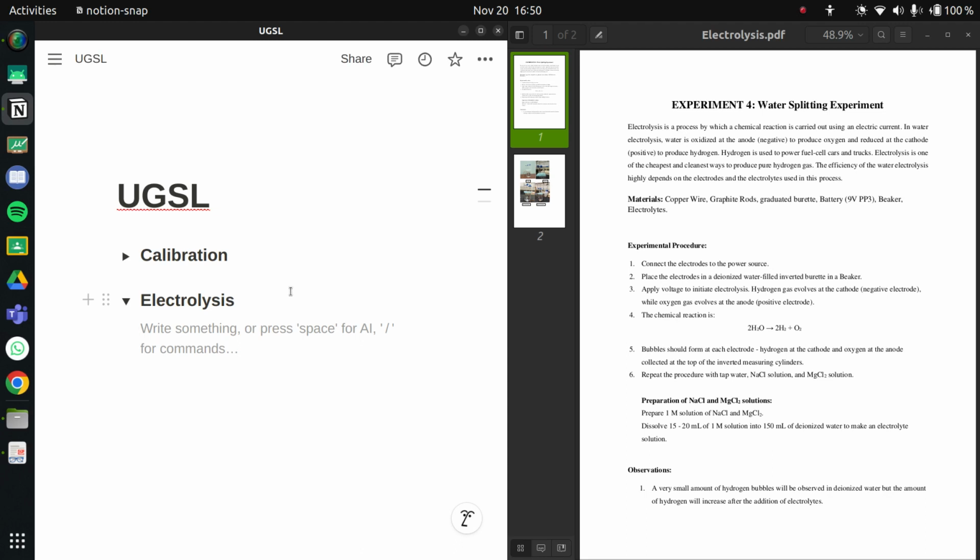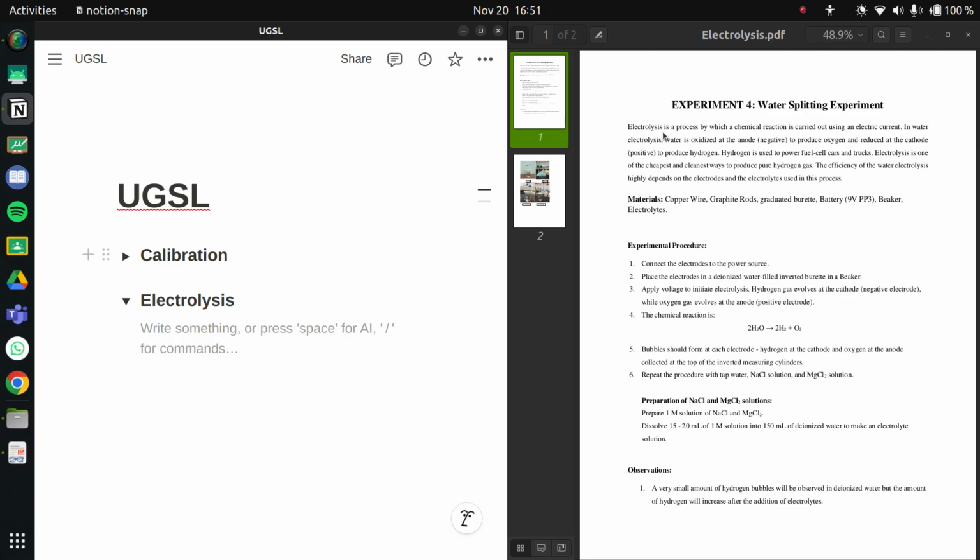So once again, electrolysis is a process in which a chemical reaction is carried out using electric current.